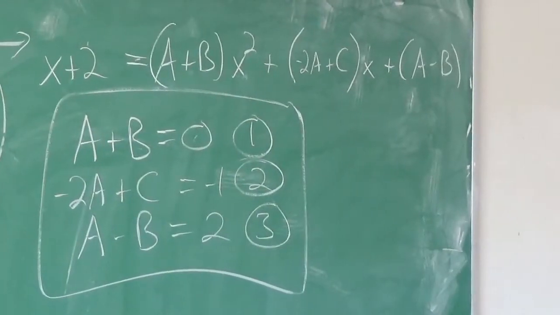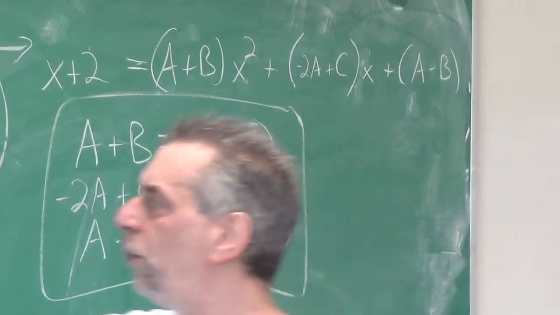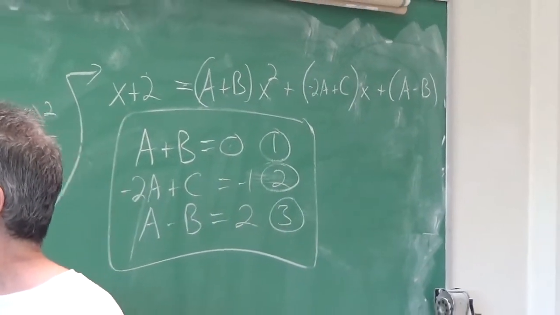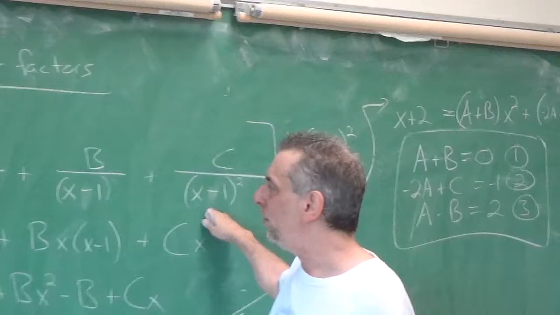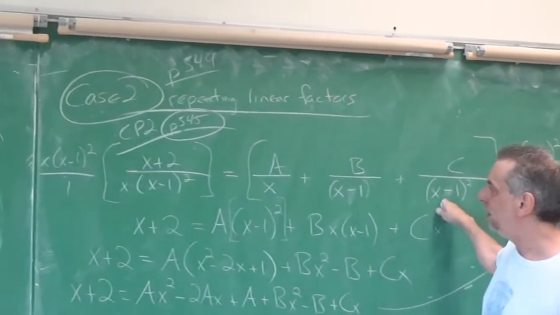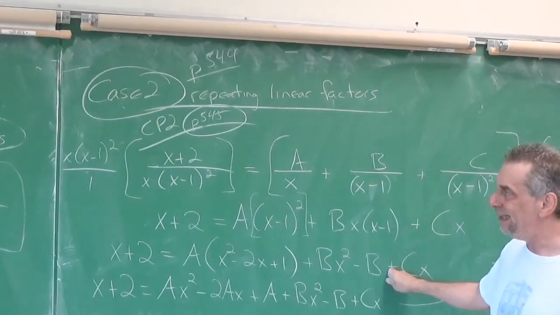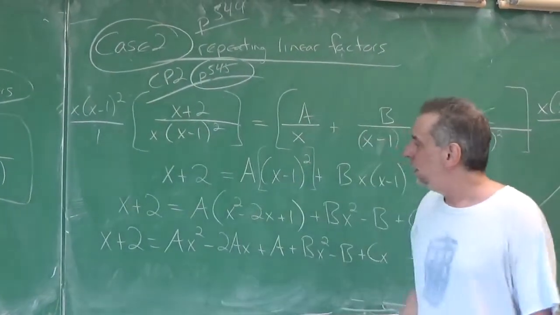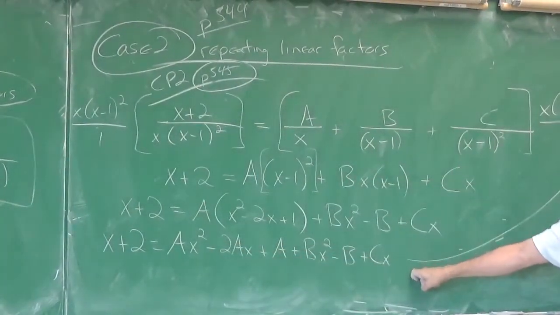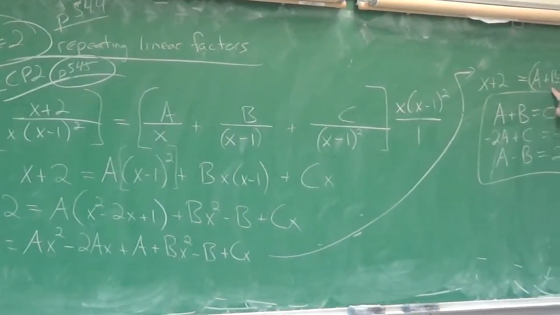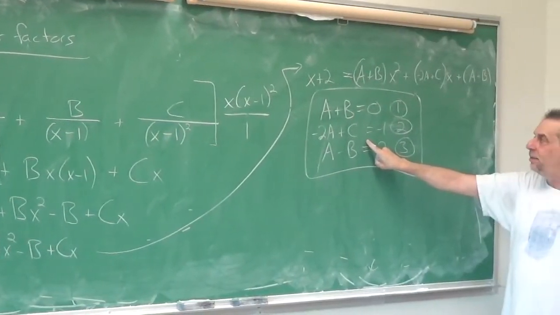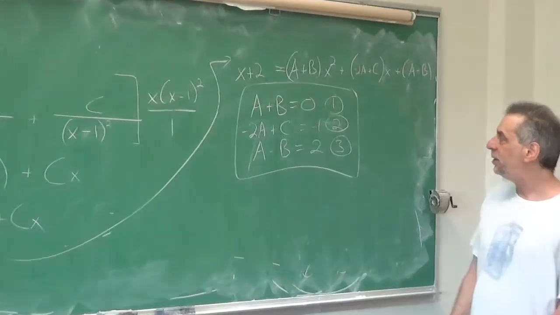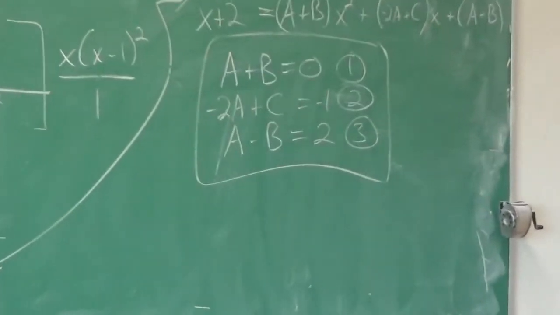Okay, so just like the first example, first we go through the decomposition, breaking it up into the appropriate number of factors, multiplying both sides by the least common denominator, which is always the original denominator, getting rid of the fractions, gathering similar terms, and setting up our system of, in this case, 3 equations and 3 unknowns.